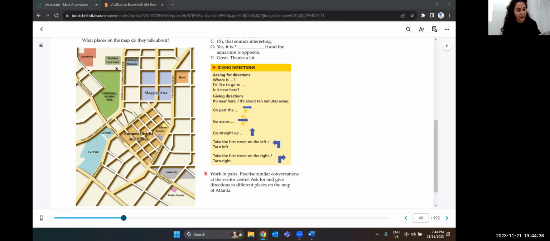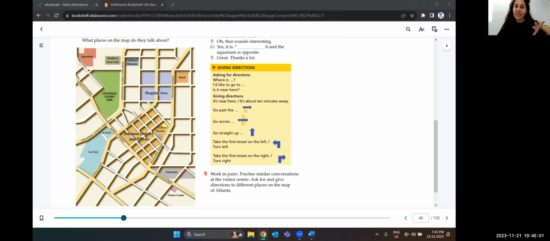And the Olympic Park, the Centennial Olympic Park. Okay. Any other places? Did we hear? No? Okay. Car park. Okay, so the park, the Centennial Olympic Park, the aquarium, World of Coca-Cola.